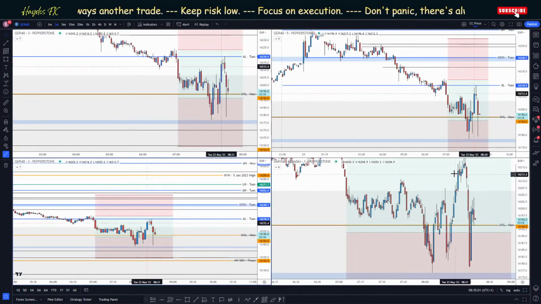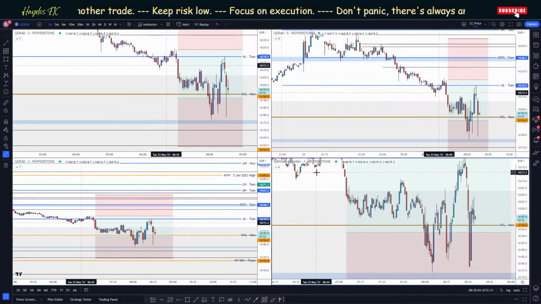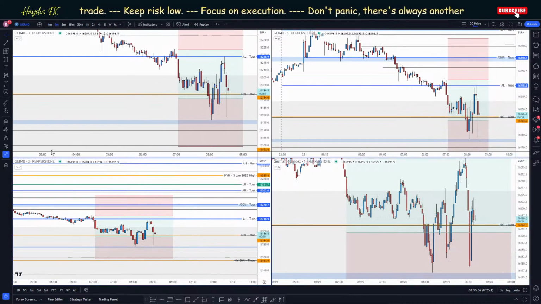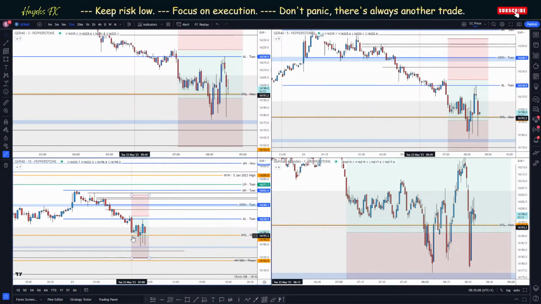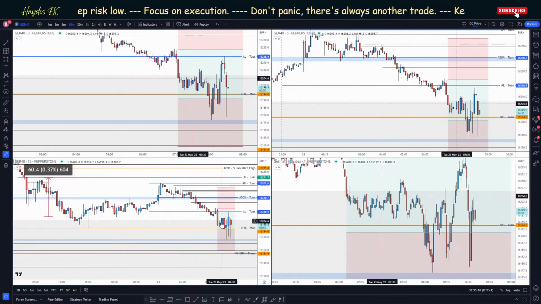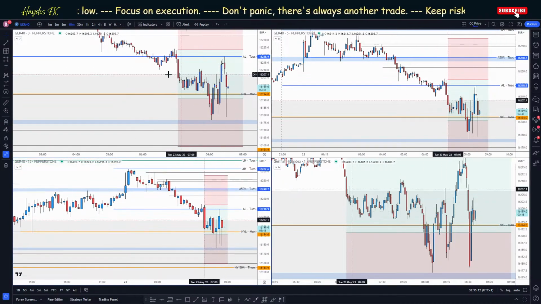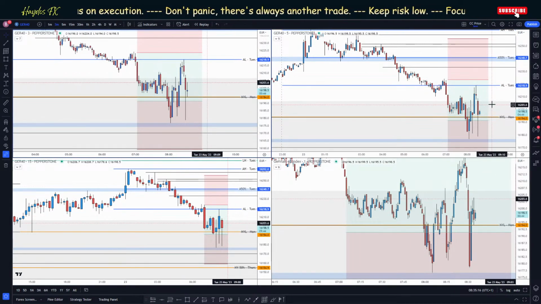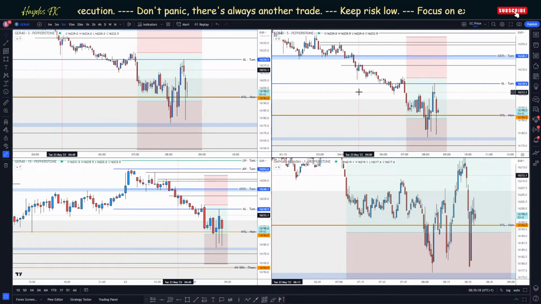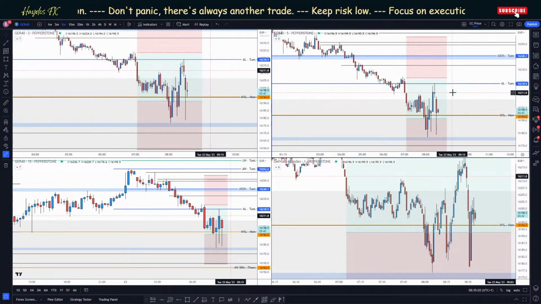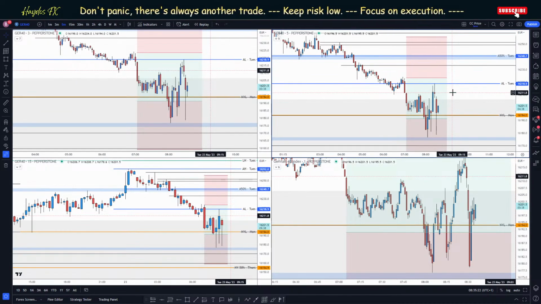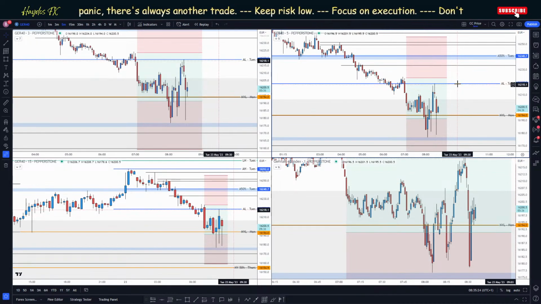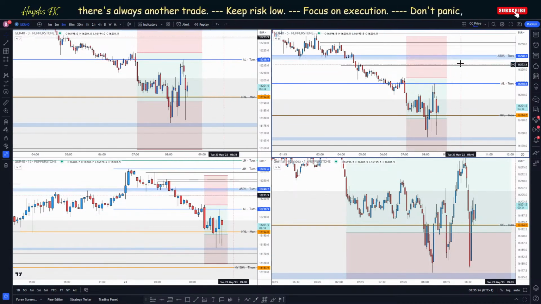Let's go to all chart view, because this looks like crap to me. Really not interested until it's up in my sell zone.